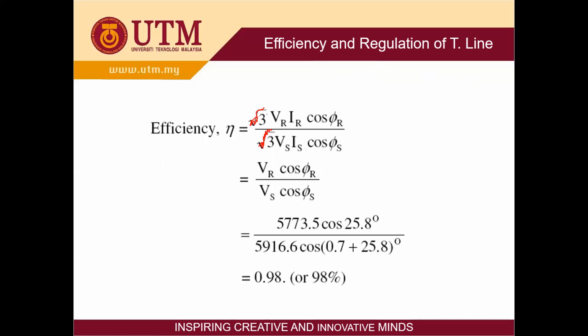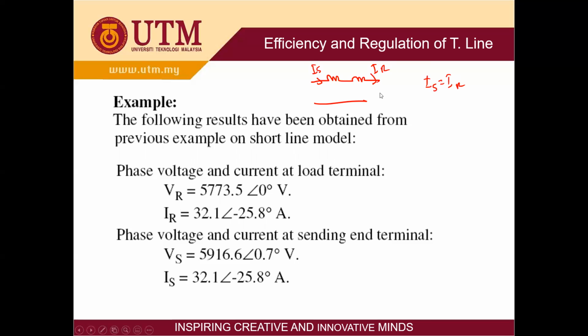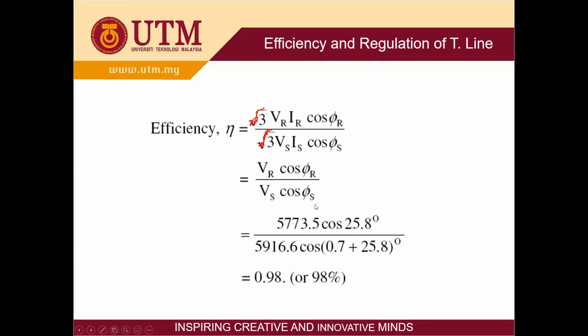For the efficiency, since this value is a single phase value, to calculate the efficiency you need to calculate the total three-phase P at the receiving end over the three-phase P at the sending end. Since both are three-phase, you can cancel the factor, and since IR is equal to IS, you can cancel this one too.